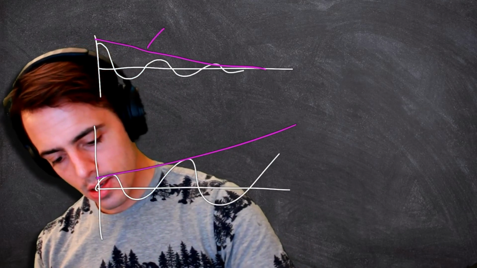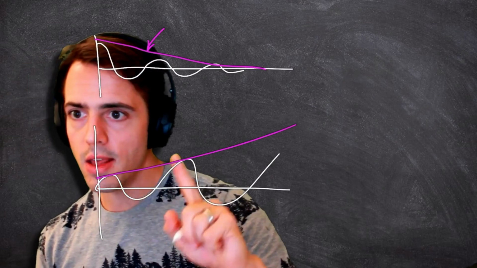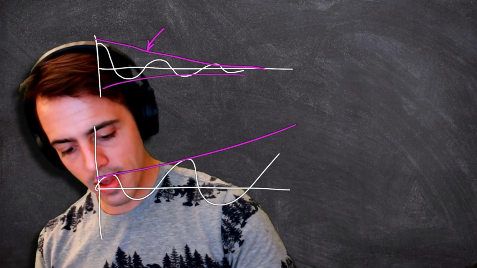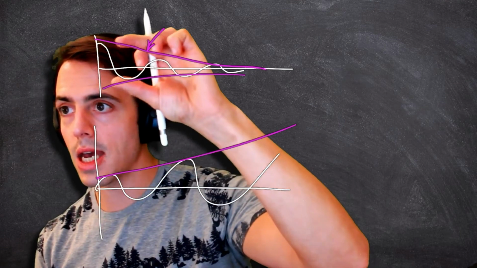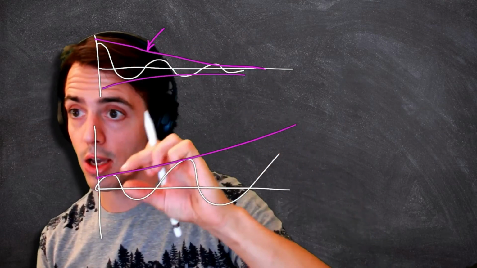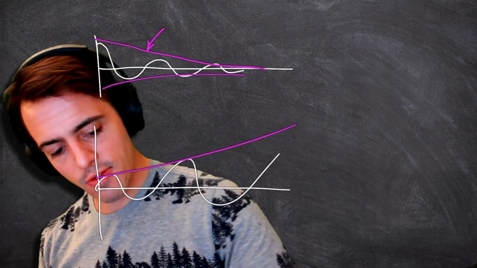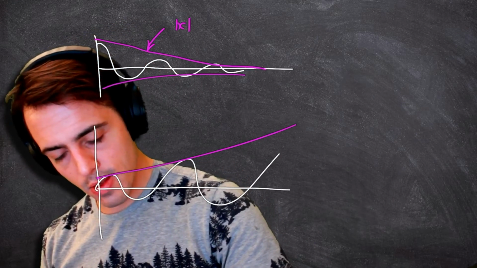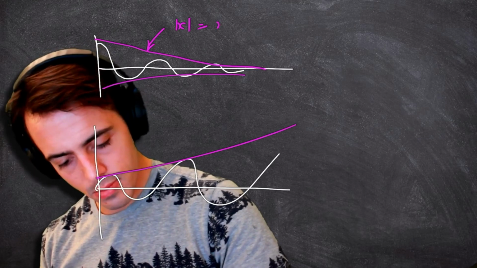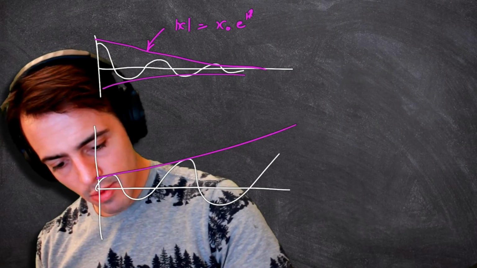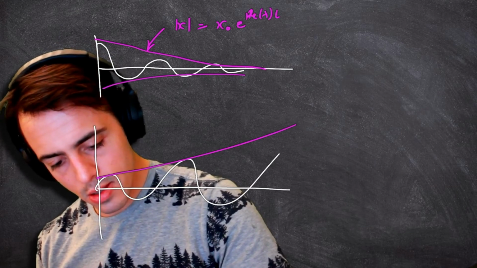Now, this curve here is the bracketing curve that would make our oscillation either decaying or increasing. So the amplitude of this oscillation is going to be x = x₀ e^(real part of the mode t).